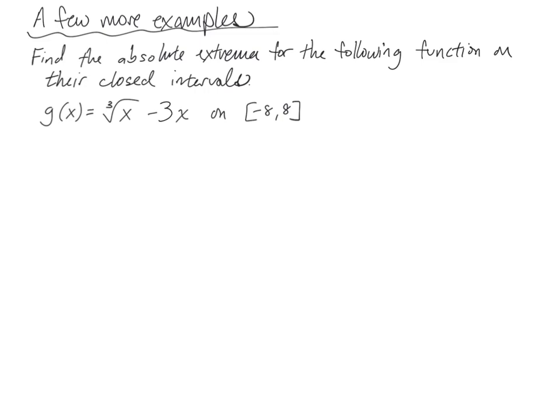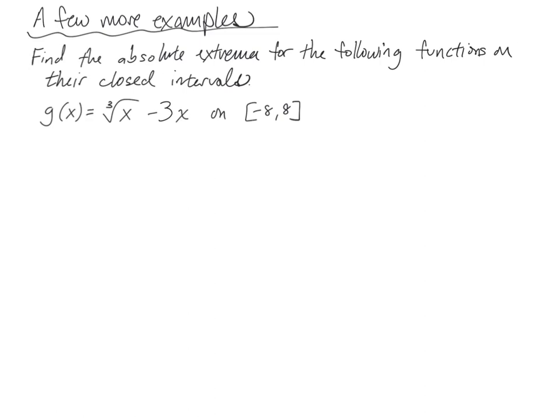All right, here we have some more space to work with, a few more examples. So the directions are: find the absolute extrema for the following functions on their closed intervals. So this set of directions we will be using into the next slide.